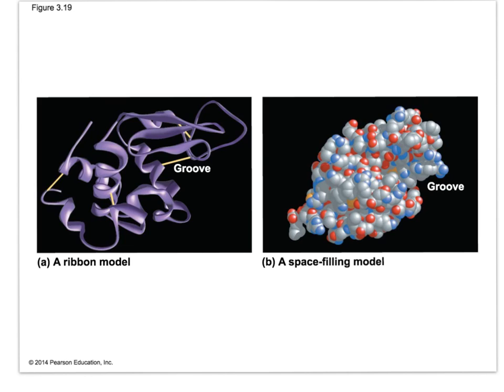Yes? How would a ribbon interact with a receptor, based on its shape? So this is just a model to show what it looks like. They take up space like this. And so you see this groove is important. They're trying to show that.